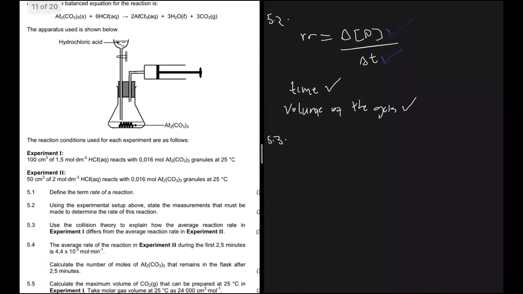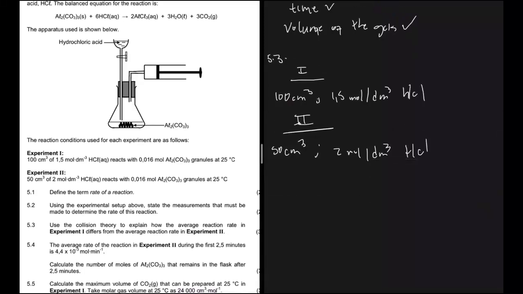So if you pay attention here, in experiment 1 they use a volume of 100 cm³ of 1.5 mol/dm³ HCl, and for experiment 2 they use 50 cm³, and the concentration is 2 mol/dm³ of HCl, right?